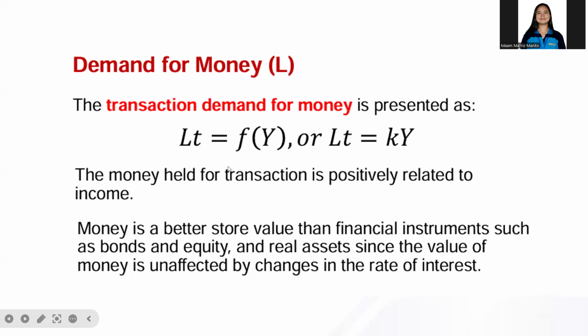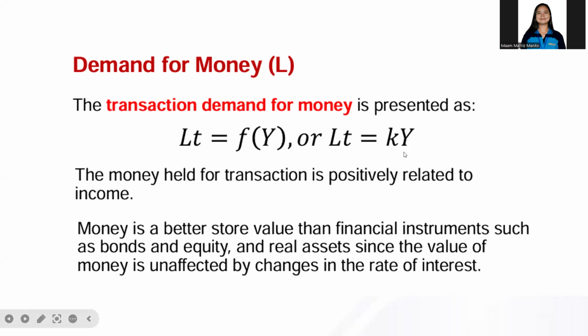And this means that the money held for transactions is positively related to income. So ito po na Y is income and then ito po na LT is money held for transactions. So yung pera na hinahawakan na gagamitin for any transaction is positively related to income.